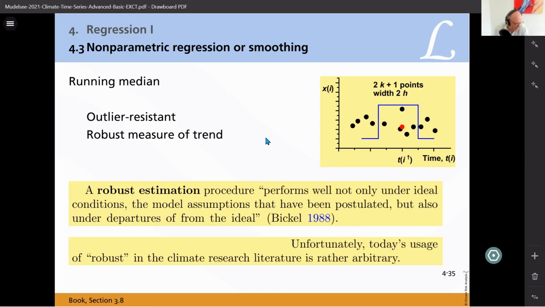I'm a bit unhappy that in the research literature, for a couple of decades now, the word robust is very strongly abused. In the meaning of many of my colleagues, they want to say something nice about the data. It's accurate, it is large, we have tested it and so on. But in statistical science, it has a clear meaning. That means the method works well also if the assumptions are violated. And perhaps we keep that in mind when we write our papers for the project.